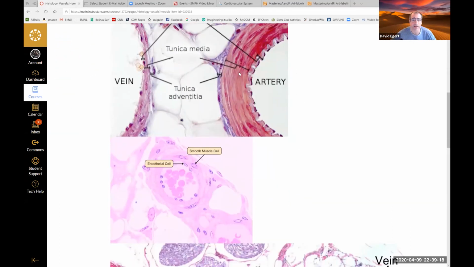Here again, very obvious. The artery, you can see the smooth muscle, really nice smooth muscle. The elasticity in the thing is making the simple squamous epithelium look all kind of crinkled up here. And here you can see some red blood cells.